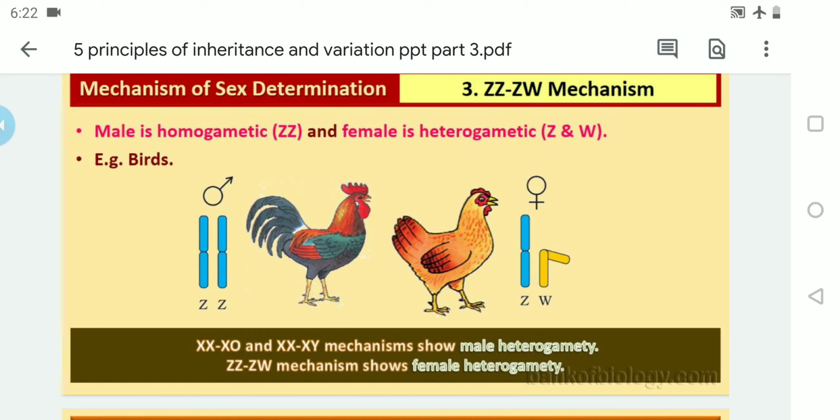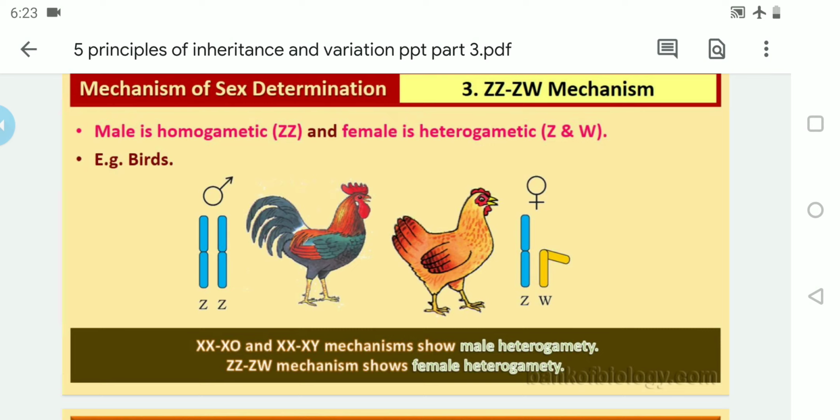Here is the best example. If we take the example of birds, or we can say the common chick. Okay, so note down, in the common chick the diploid number of chromosomes 2n is equal to 78. In this type, as I said, the female bird is heterogametic, that is ZW, and the male is homogametic, that is ZZ.